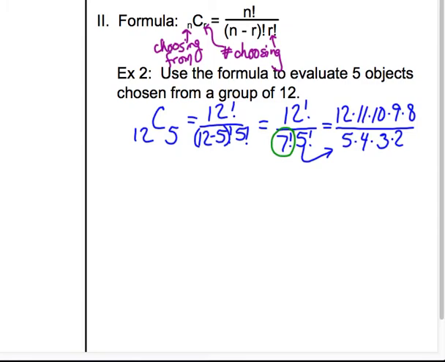So for example, 4 times 3 equals 12, so we can cancel that with the 12. And 5 times 2 equals 10, so we can cancel that with the 10, leaving us with 11 times 9 times 8, which is 792, which is a lot fewer than the 95,040 we saw with permutations.